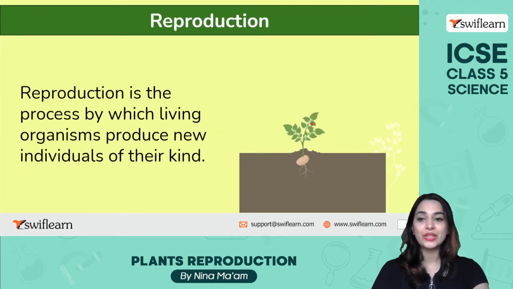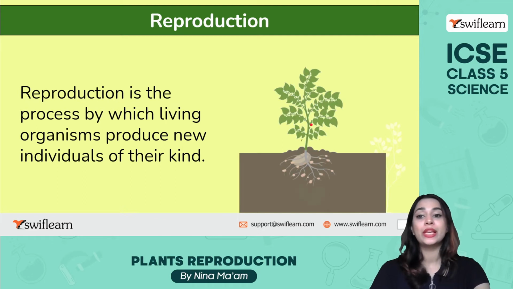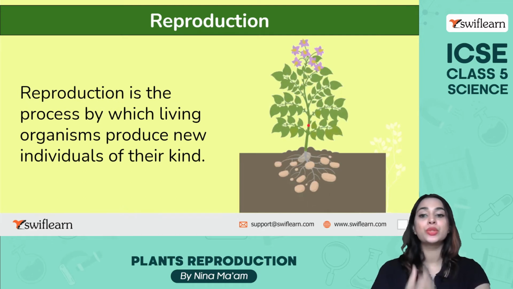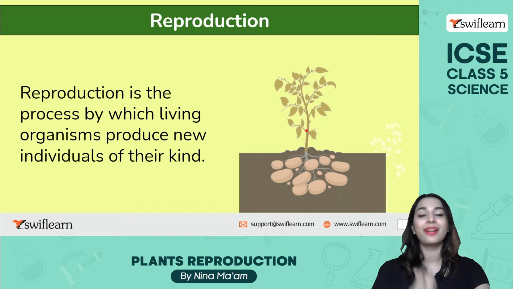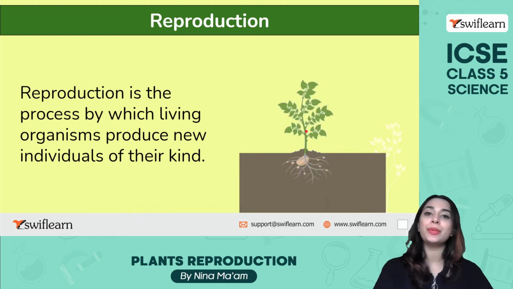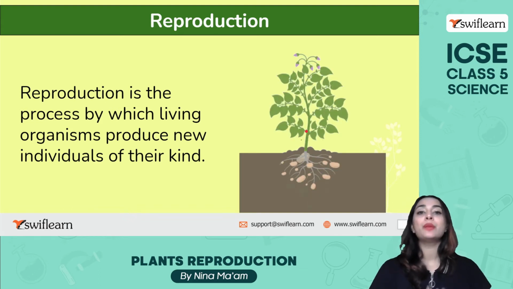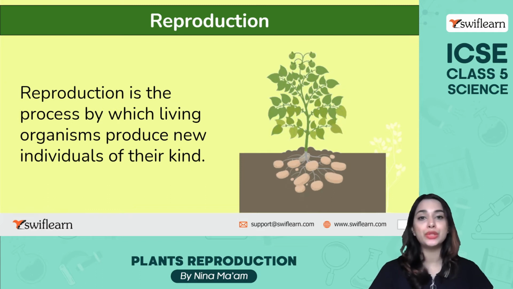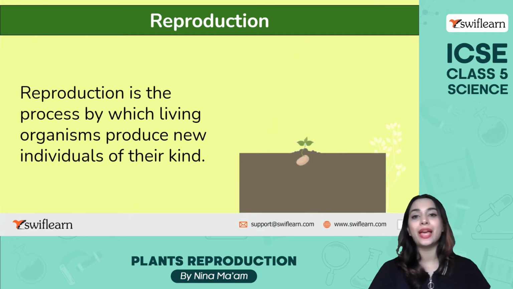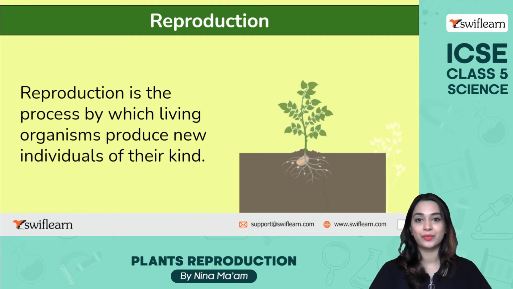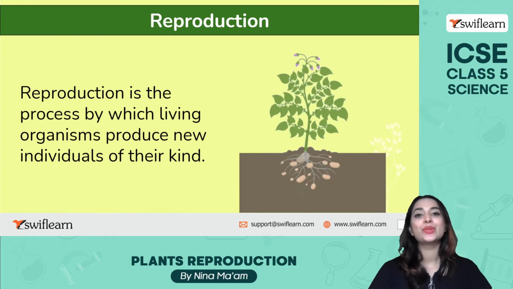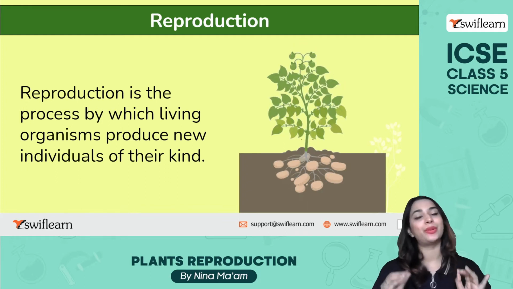Reproduction is a process by which living organisms produce new individuals of their kind. Just like human beings and animals, plants also have the ability to produce another plant of their kind. So this process is also known as reproduction.